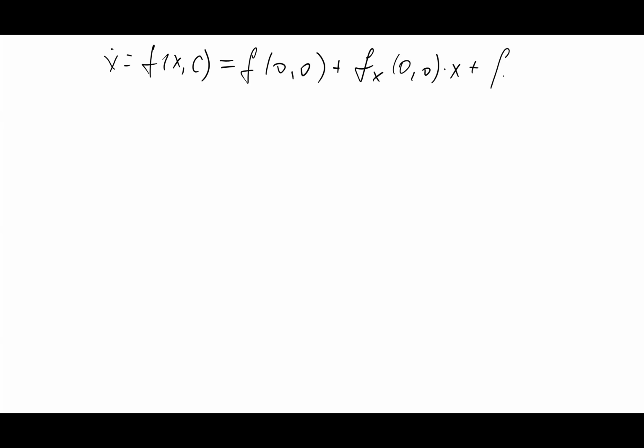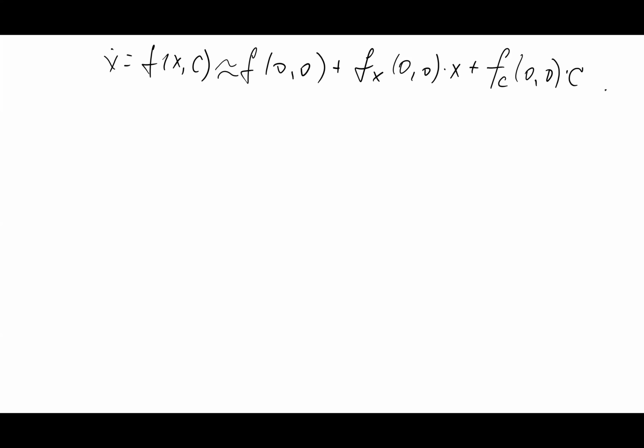So x dot, which is f of x, c, to first order around 0 will be f at 0, 0 plus the derivative of f over x at 0, 0 times x plus the derivative of f with respect to c at 0, 0 times c.